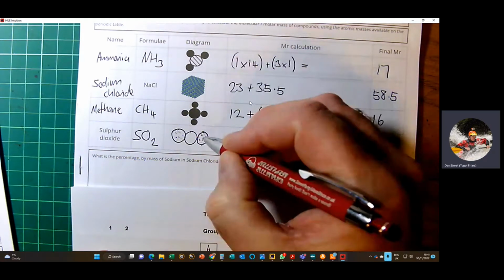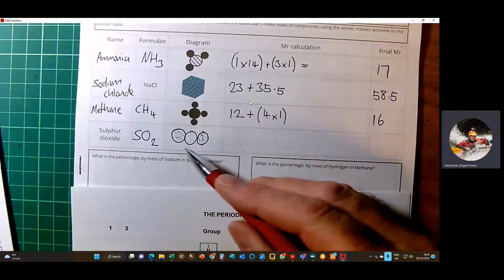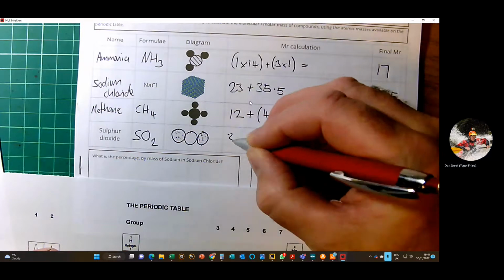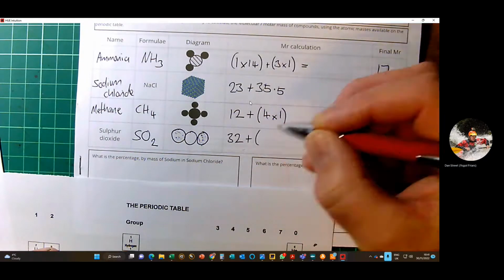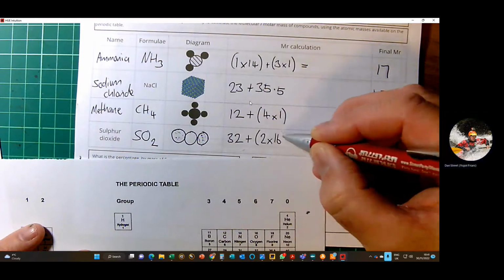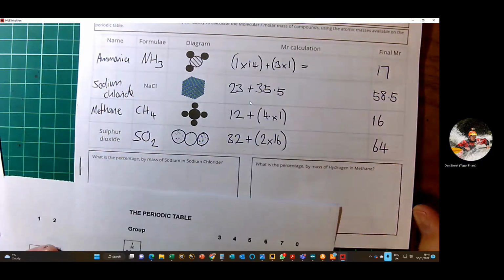Okay, so use that key there. Sulfur has a mass of 32. Oxygen, of which there are 2, has a mass of 16. So that gives us 64. Okay.